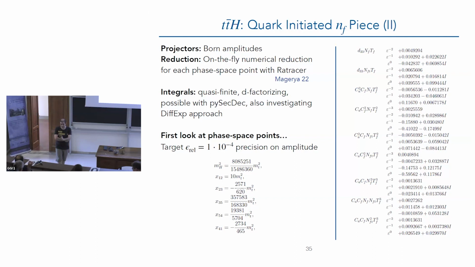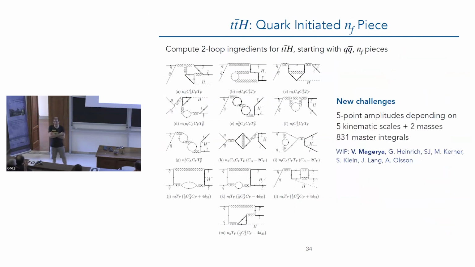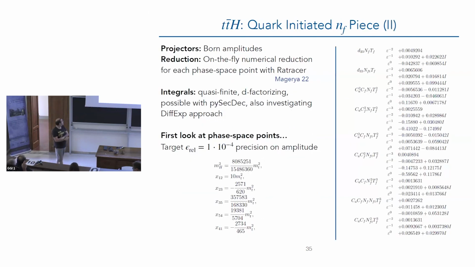You pick a phase space point. So you have an expression of the amplitude, just the sum of this. Then some coefficient with, do you have tensor integrals, or is it in Feynman parameter space? No, you write it in terms of integral families with potentially inverse propagators or dots, right?